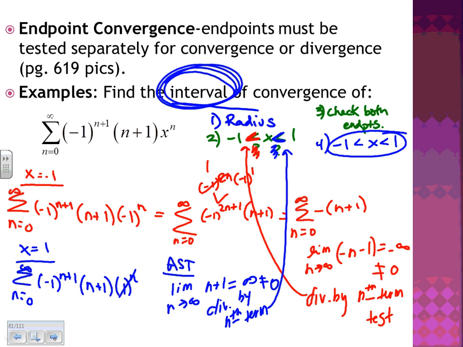Because on these tests, when it equals 1, the endpoints are inconclusive, right? But what about the geometric series? When it equals 1, it's going to diverge, always.